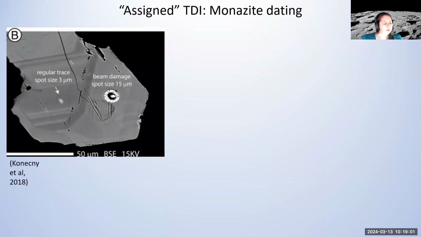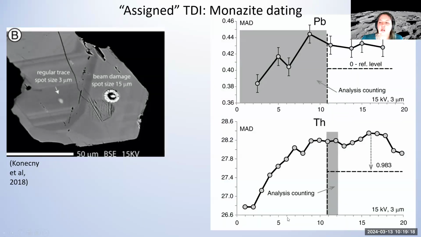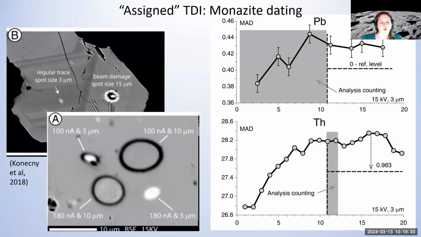TDI analyses take a moment longer because we usually have to wait for the detector to read out the intensities for each interval. What can then be done in the probe software is having an assigned TDI, where you acquire a change for one spot in the material, and then you can apply it to the other parts in the traverse.